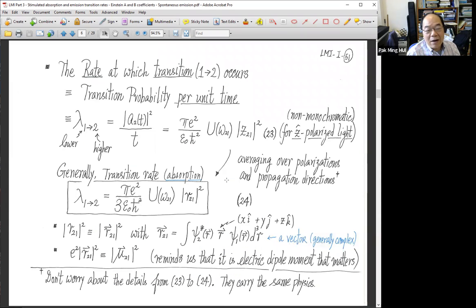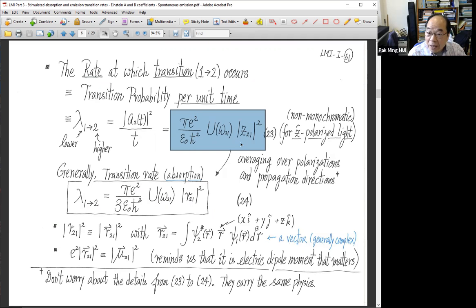So now we have some useful answers. Divided through by t, this is called the transition rate of absorption. We are really done with it, okay? Now, we have done the Z thing, and then we divide it through, we get that.